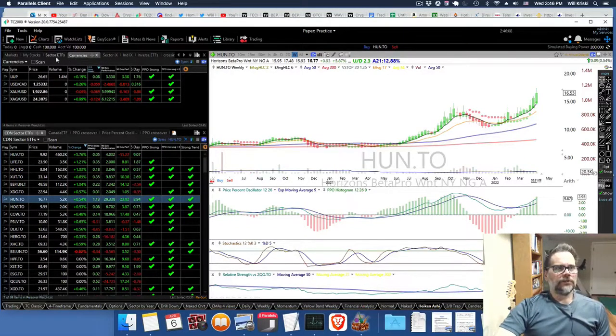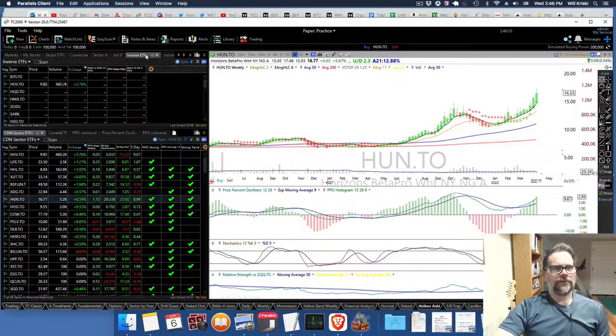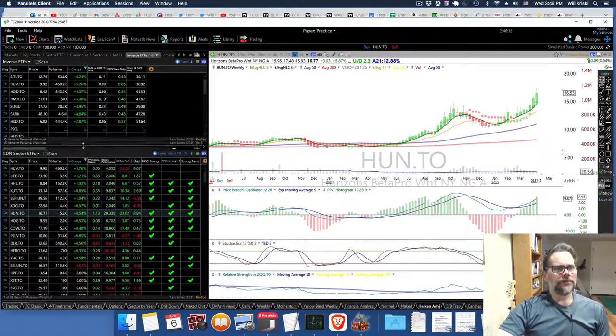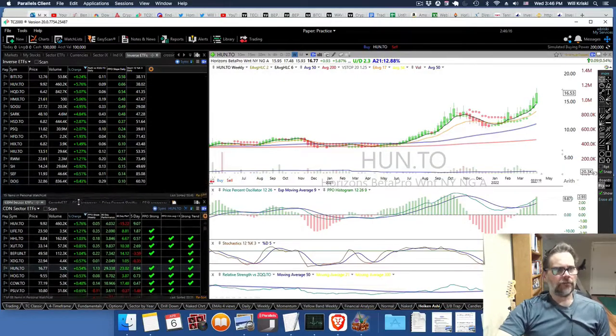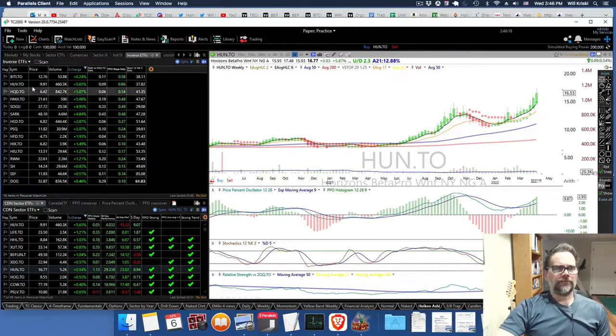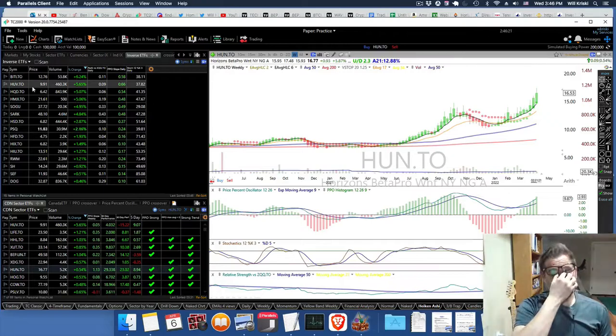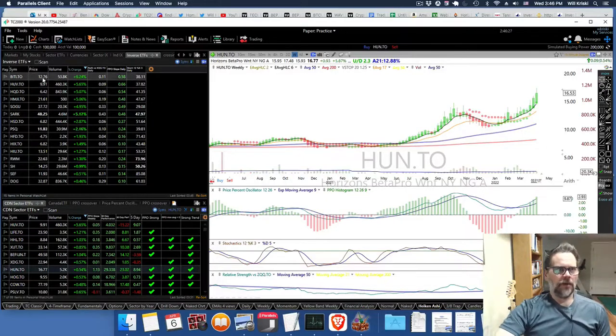I have a currency watch list, sectors, and this inverse ETF watch list, because right now the market's starting to go down. When you scan charts, like US ETFs, you're going to get all the ETFs, and you might just want to know, what are the good inverse ETFs? I've got one for leveraged ETFs as well.